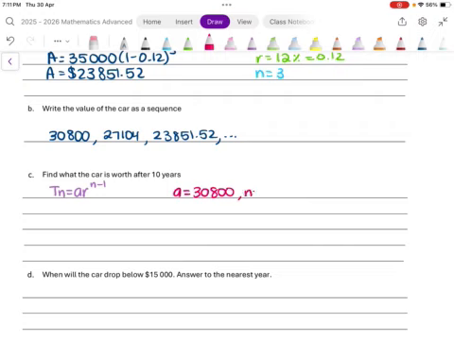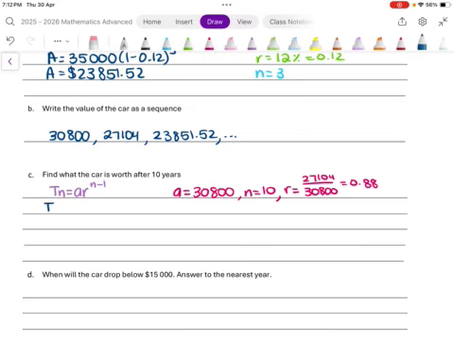Our N is equal to 10. And our R is equal to 27,104 divided by 30,800, which equals 0.88. Okay, which makes sense because 1 minus 0.12 is 0.88. So that's what we've been multiplying by each time.